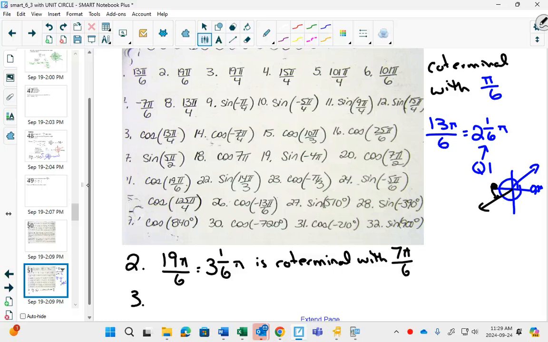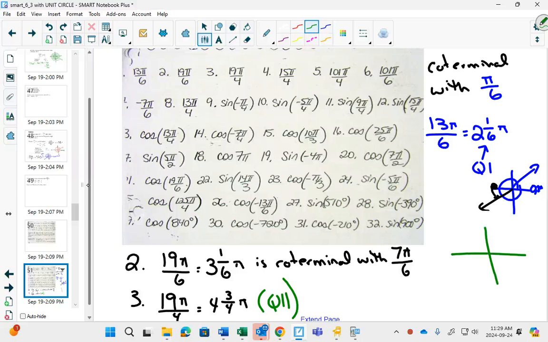Number 3. If I had 19 pi over 4, as a mixed fraction, this would be 4 3/4 pi. Okay. Can you see that that's in quadrant 2? Because 4 would end here.